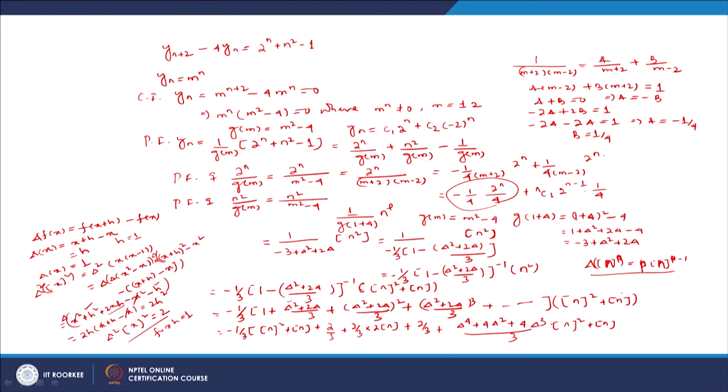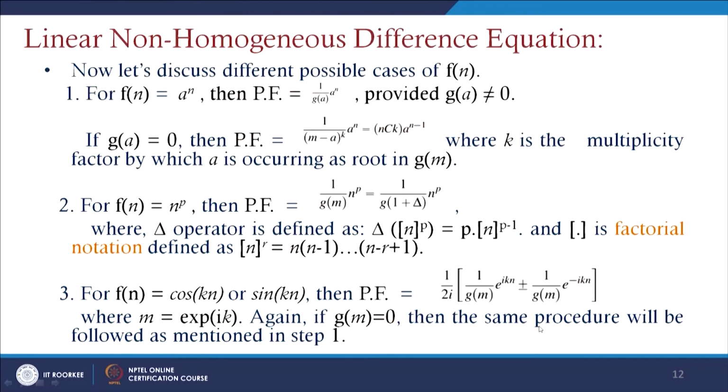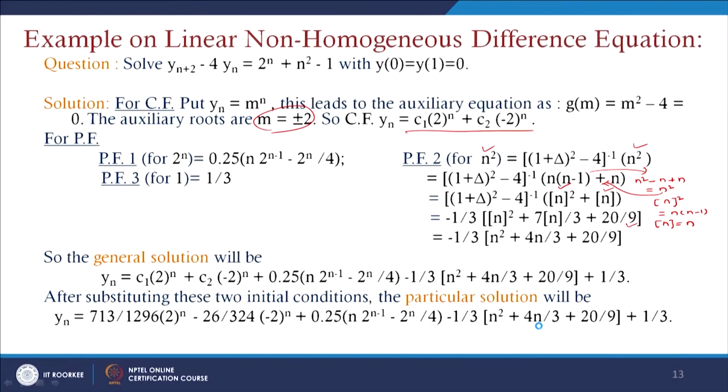After this you can find all other values are 0, since higher order differences give you 0 value there. So from this you can find this particular value: n square plus 7 n by 3 plus 20 by 9 here.